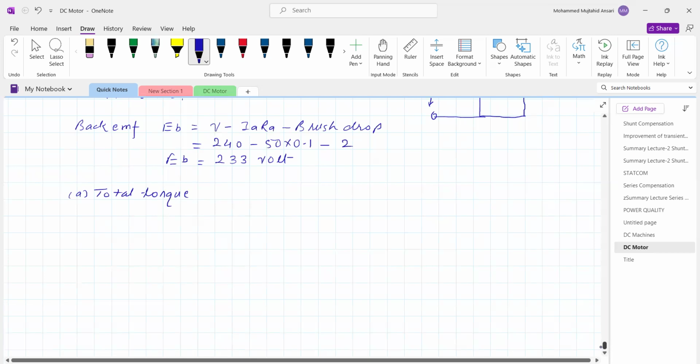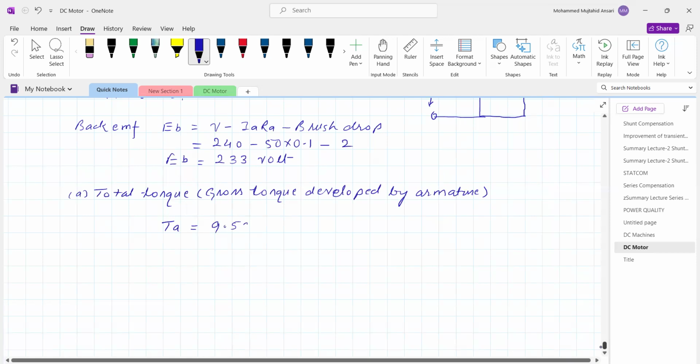Total torque, or you can consider it as the gross torque developed by armature. So it is TA, armature torque.